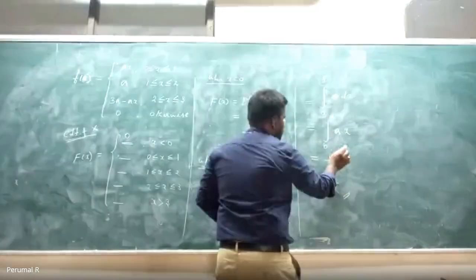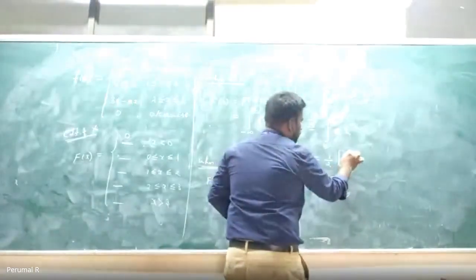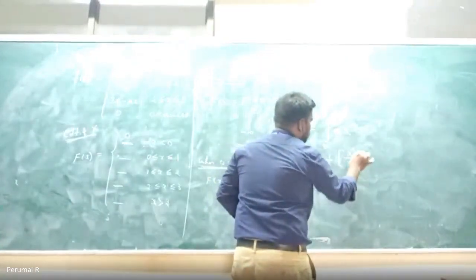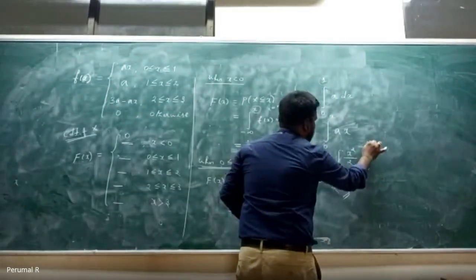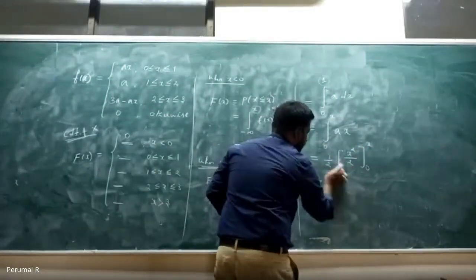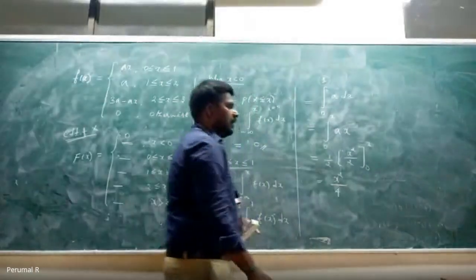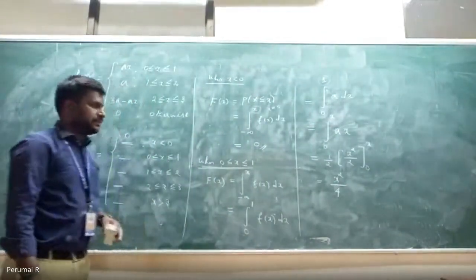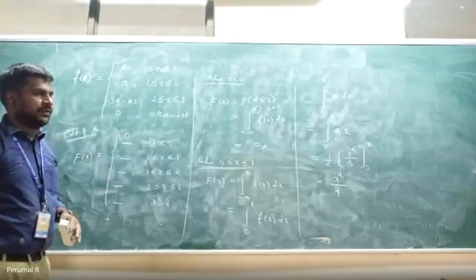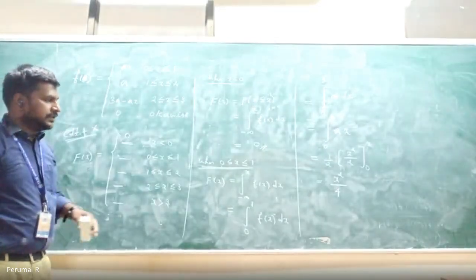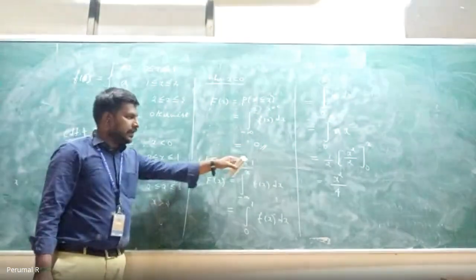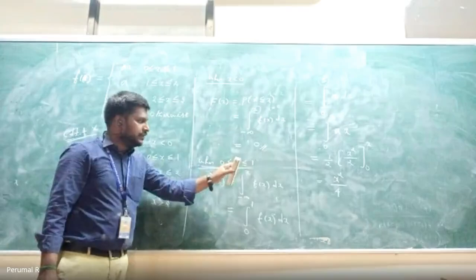Sorry, A into X. So your A value is 1 by 2, therefore X squared by 2. So 0 to X, you are getting X squared by 4. Minus infinity to X, the function is valid only for the interval 0 to 1.